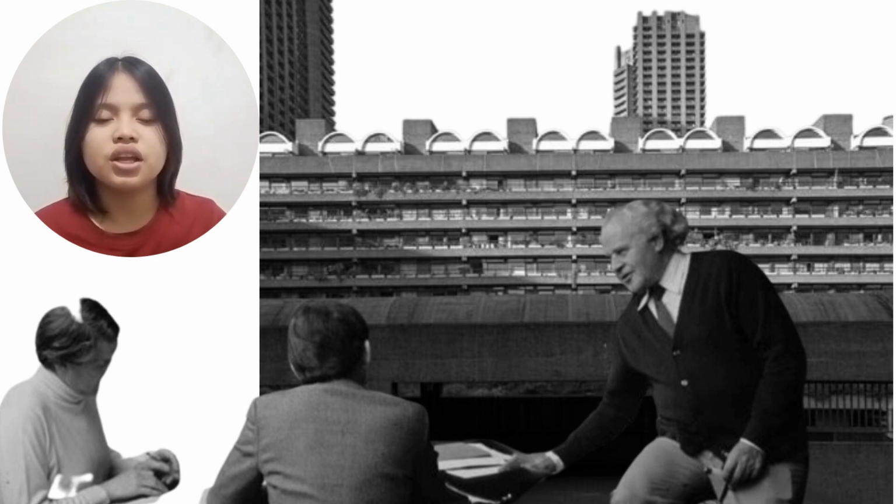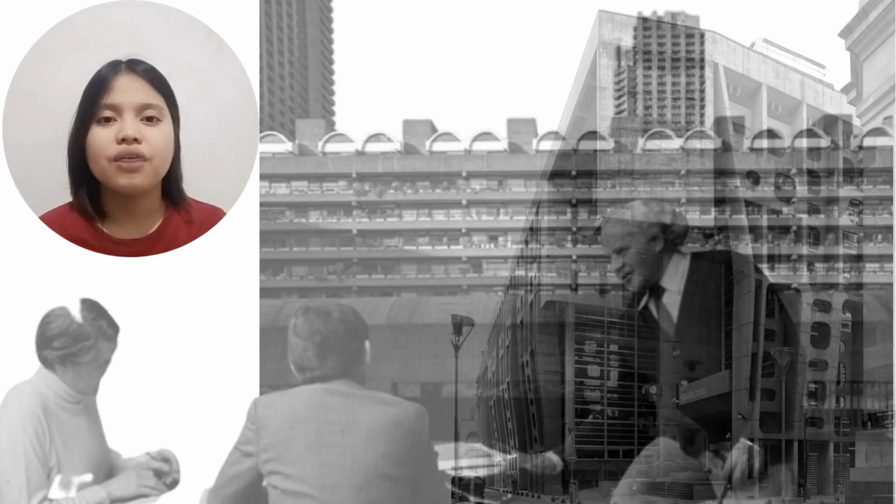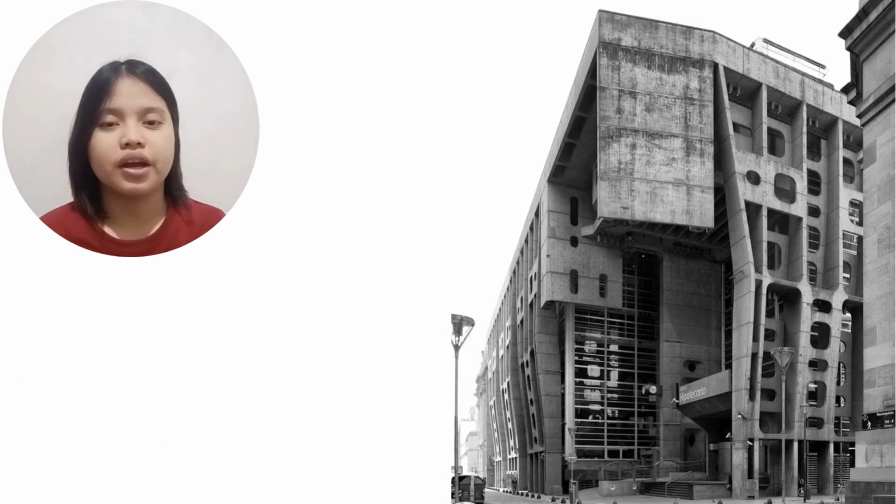In 2000, the Barbican was voted London's ugliest building. These days, however, you would be hard-pressed to find any London architecture list that doesn't include it, usually near the top.